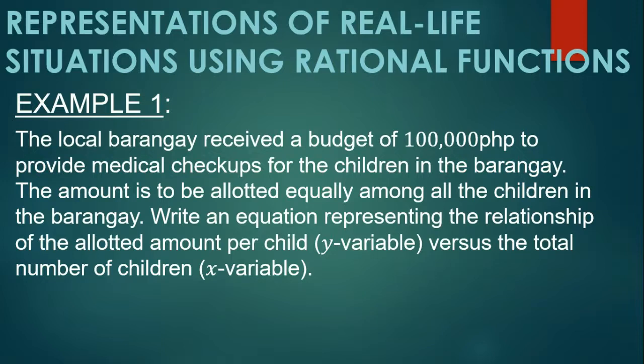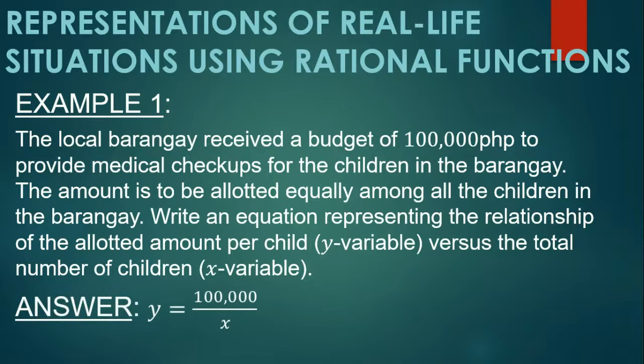Yun ngayon yung value ni y. Bawat isa doon sa 100 na children, ang makukuha nila ay 1,000. So, ibig sabihin, ang ating function, ang equation natin ay y is equal to 100,000 all over x.